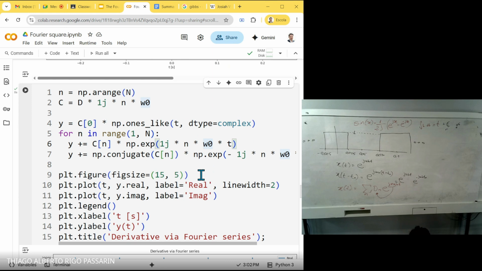We can also avoid convolution, because convolution, maybe you remember, is another operation for which exponentials are eigenfunctions. Right?